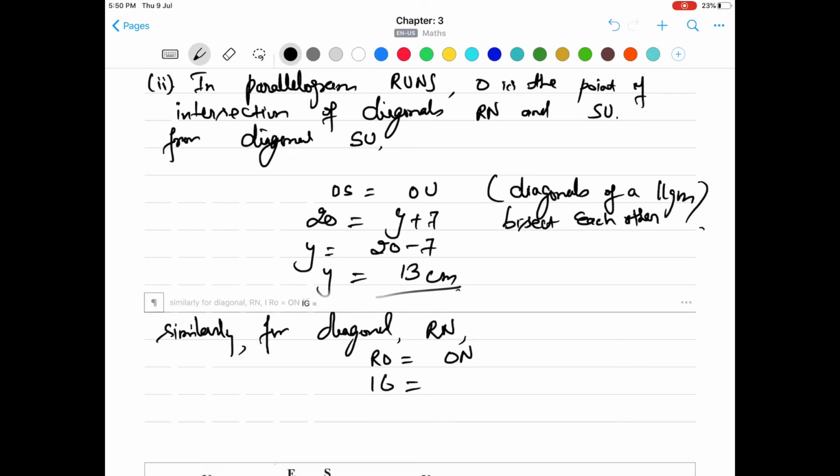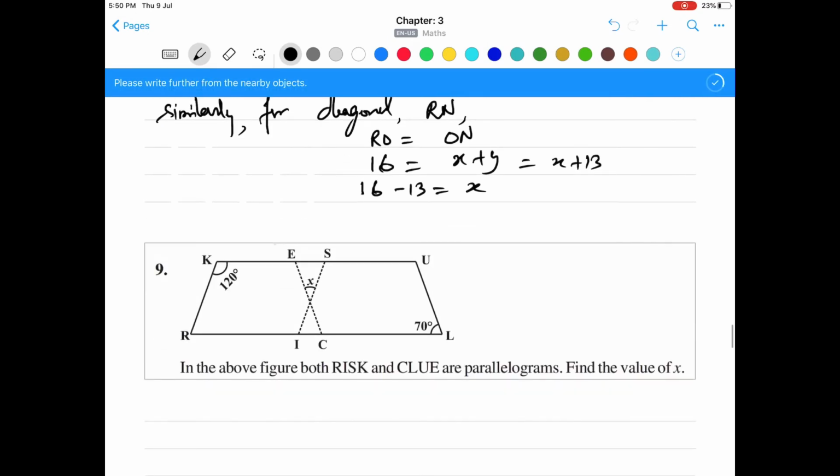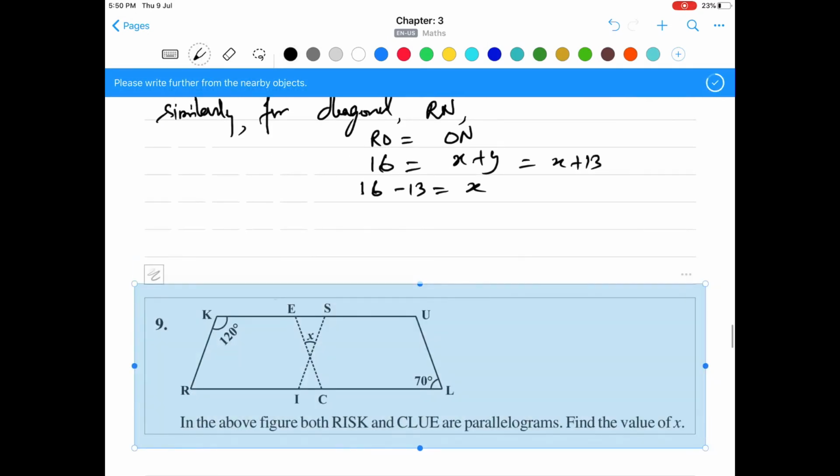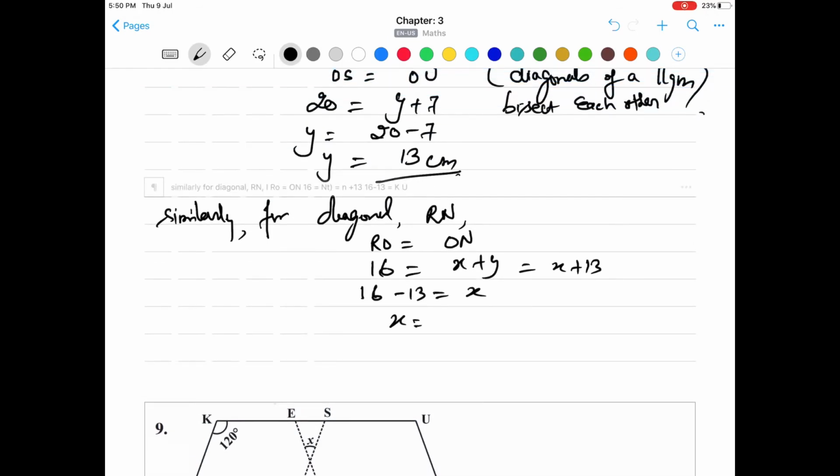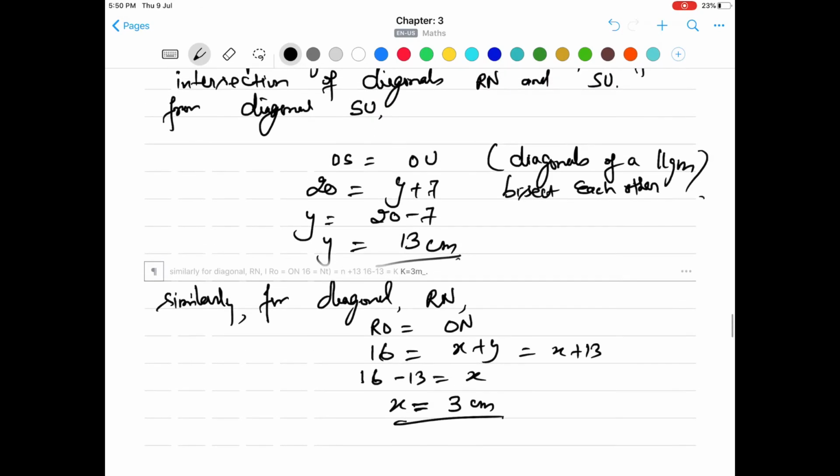RO is given as 16, ON is x plus y, and here we got the value of y, which is 13. So x will be 16 minus 13, which is 3 centimeter. So that's the answer. y is 13 and x is 3 centimeter.